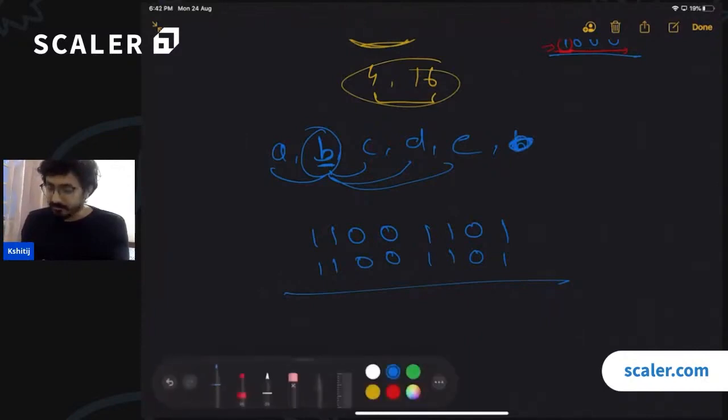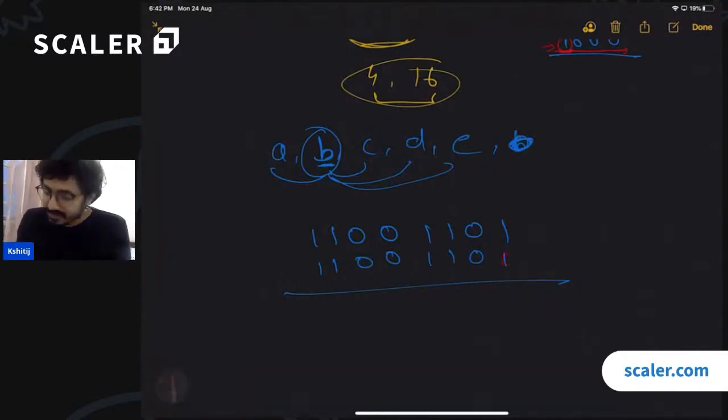The next choice would be a number which has just this bit as different, and all the other bits the same, right? This is the best choice that I can have if I don't have B again in the array. In this case, the XOR is going to be 1. What is the next choice?